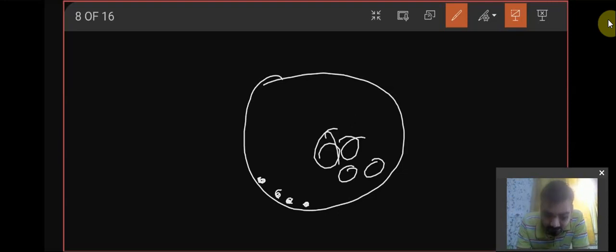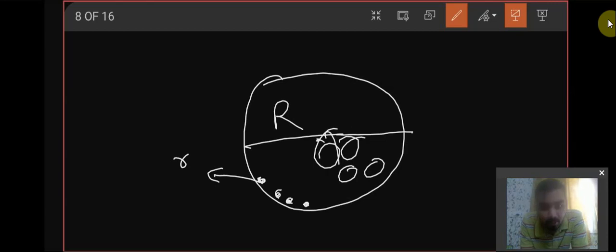The radius of the mill is capital R, and the ball has a radius of small r. When the balls give attrition to the particles, it reduces the size of the particle.